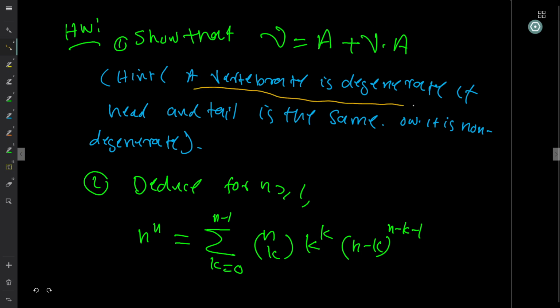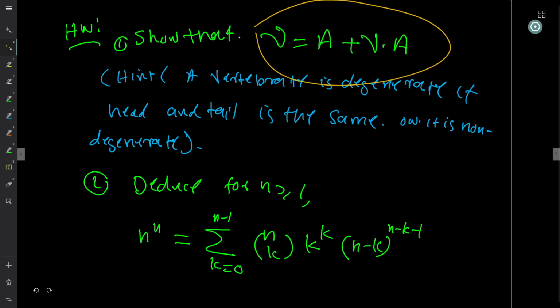The vertebrate, as I mentioned before, is said to be degenerate if the head and tail are the same; otherwise, it is non-degenerate. Now, to prove this, you can take the vertebrate and look at whether it is a degenerate one or not. If it is not degenerate, then you can cut off the tail and look at the remaining part, and use this as a hint to prove this.